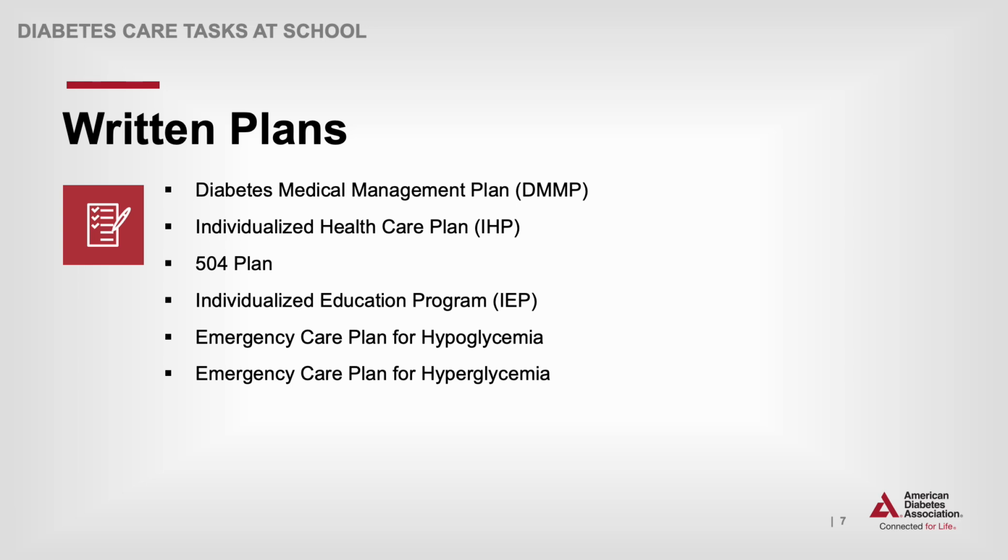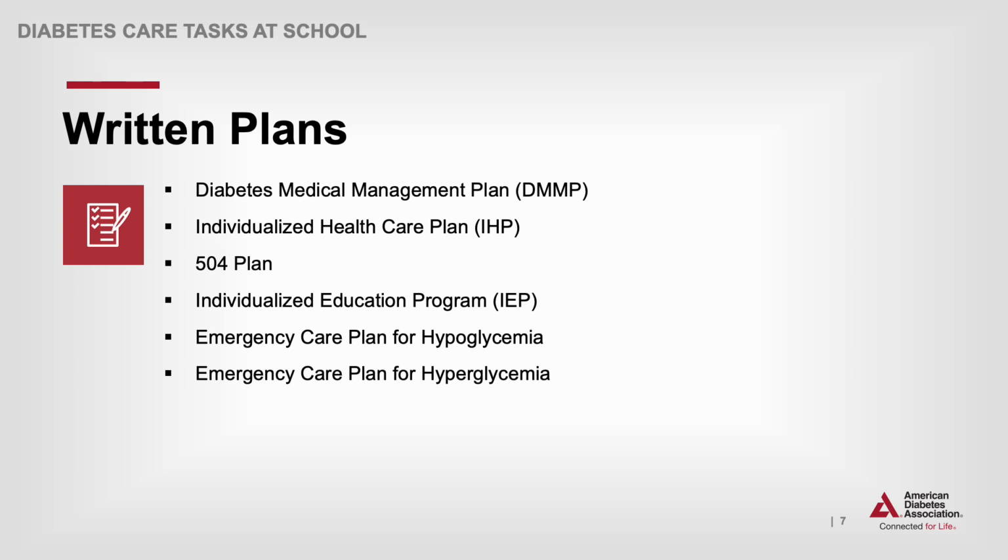It is important to make sure that the school personnel, parents and guardians, and the students agree on how the Diabetes Medical Management Plan, or DMMP, will be implemented and what accommodations and related aids and services may be needed for the student.